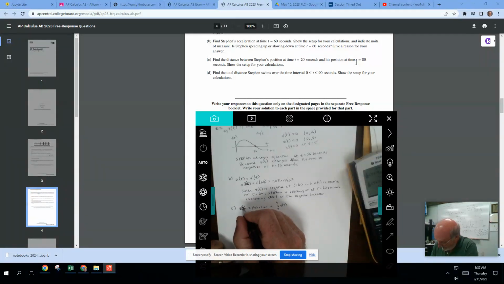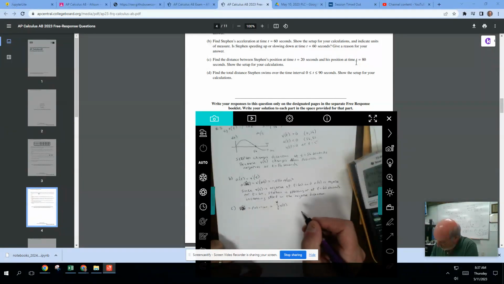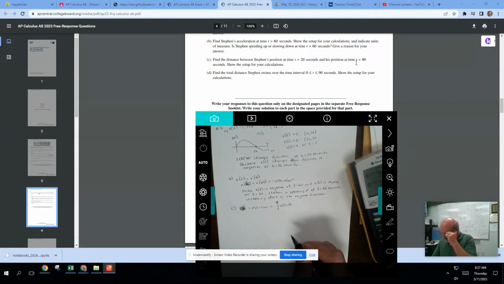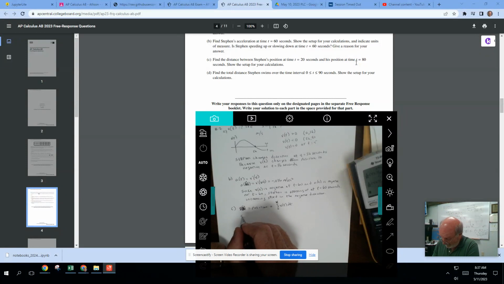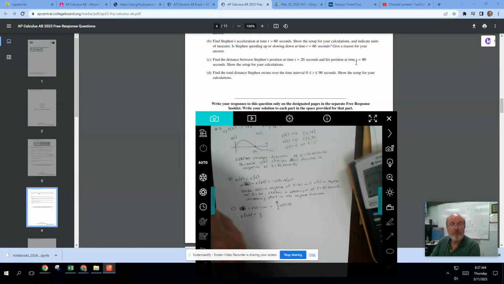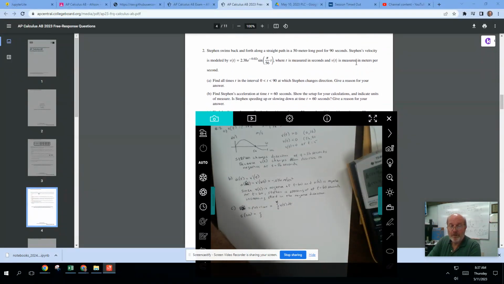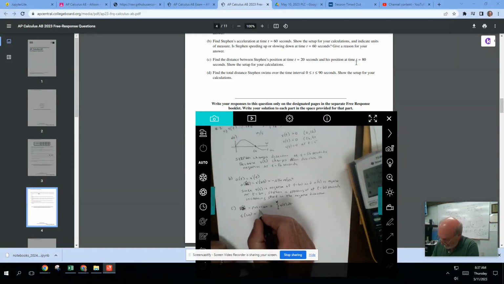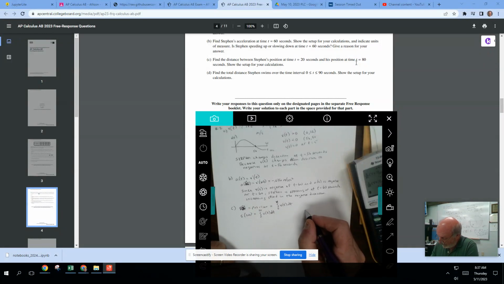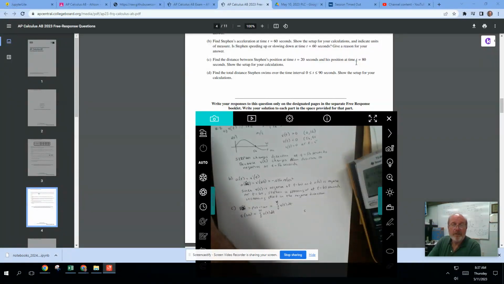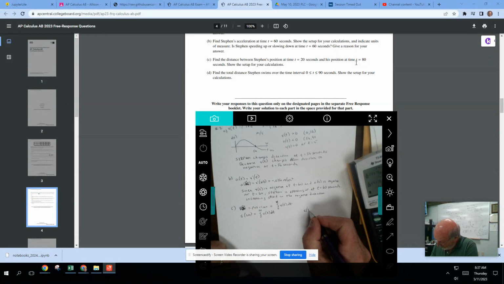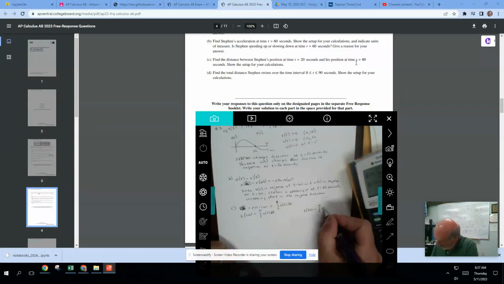Let's use S of x, the integral from 0 to x of v of t dt. So if we want to know the position S of 20, we're going to integrate from 0 to 20 v of t dt. If we want to know the position at t equals 80, S of 80 would equal the integral from 0 to 80 of v of t dt.